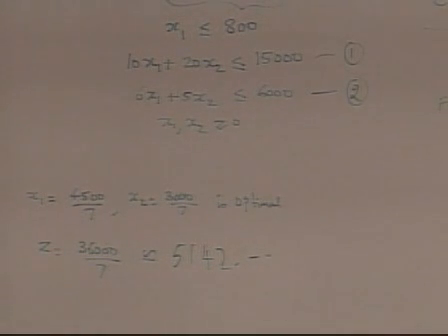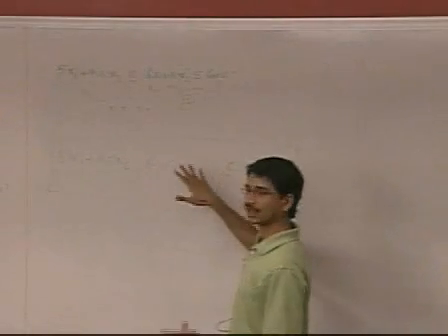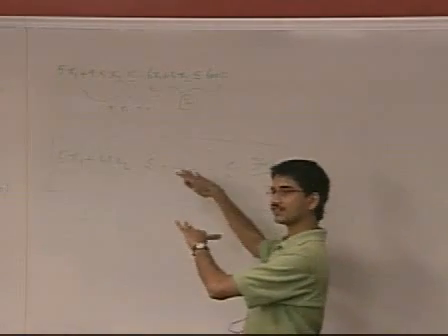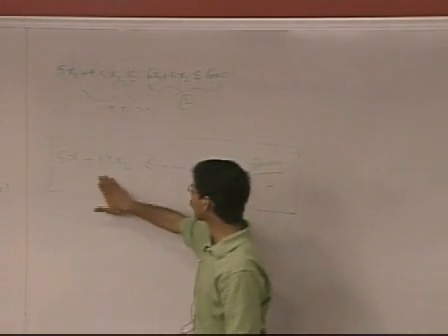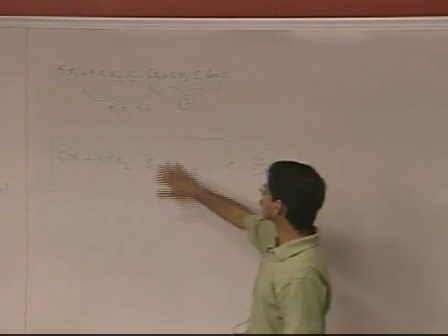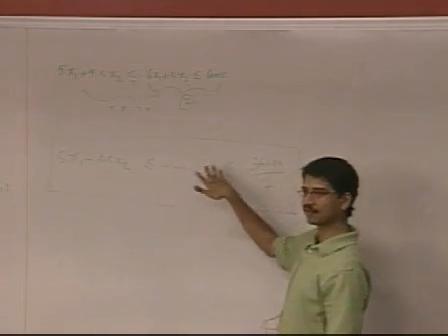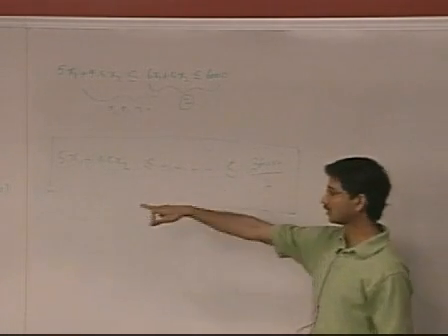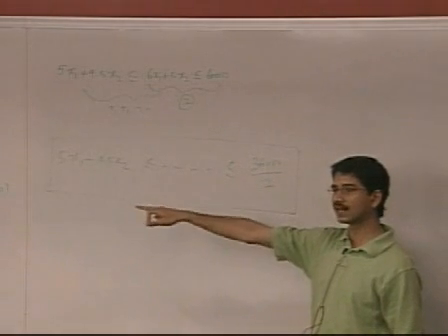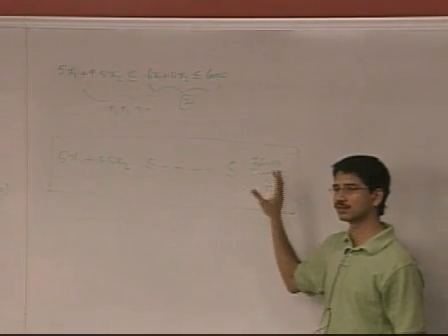How do I get this? No. So I said, if we can get something like this, if we can somehow show that this quantity is at most something, which is at most something, etc., which is at most 36,000 over 7, then we know that the solution that's written there is the best possible profit.